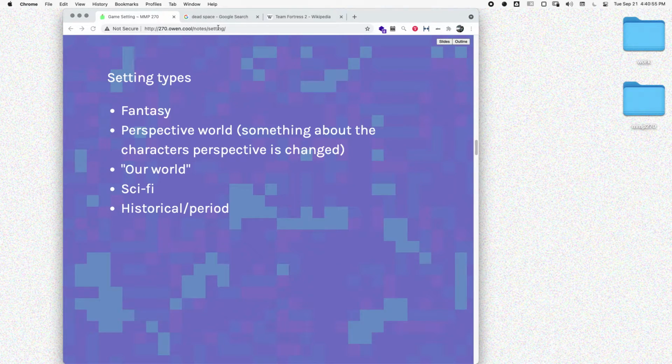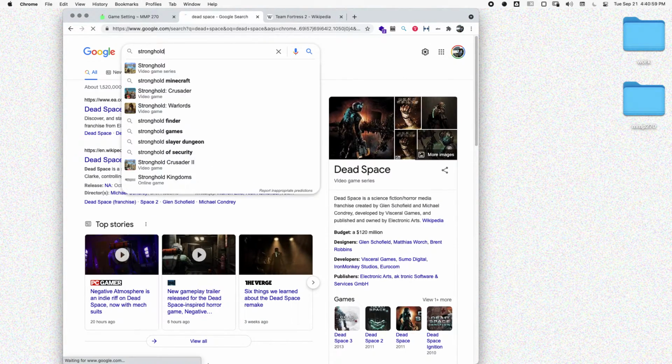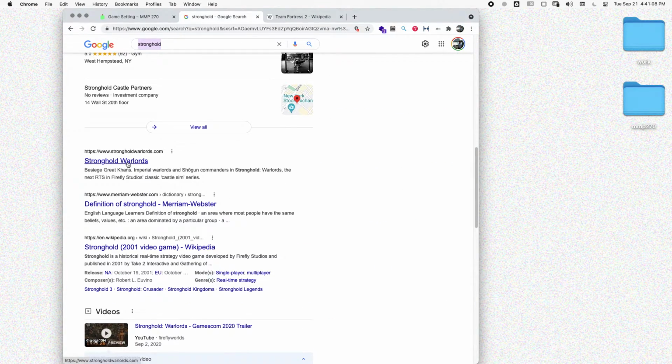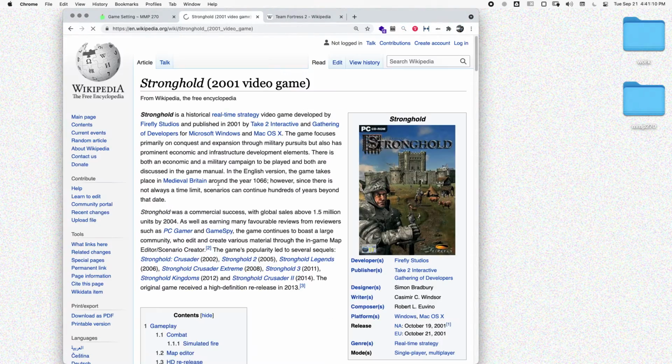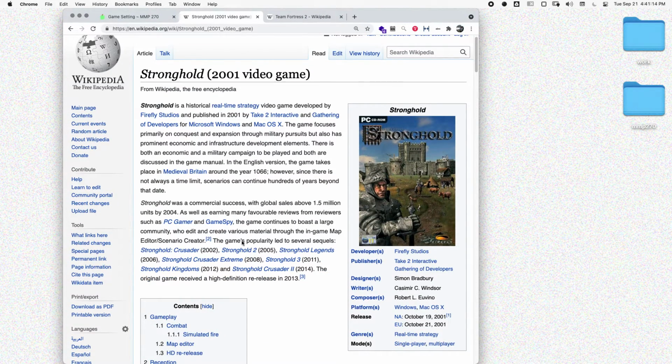Stronghold is another one. You guys are coming up with a lot of games I've never heard of, so that's exciting for me. Yeah, this looks like a good one. Oh, this is an old one. This is a throwback.